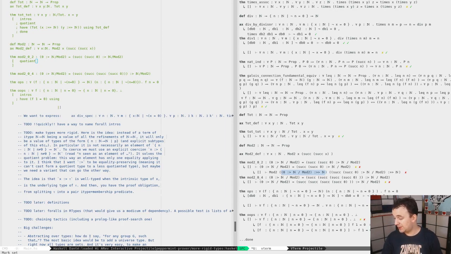And we need them to disappear somehow. There are some reduction rules for this, and I think they should be applied eagerly somehow.